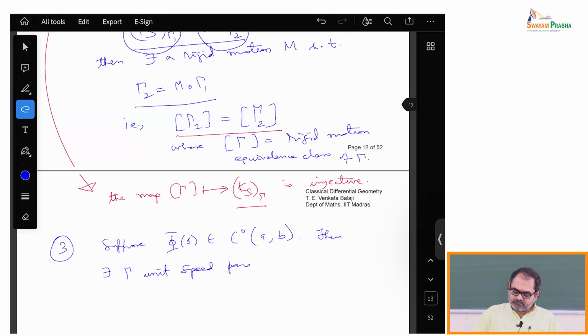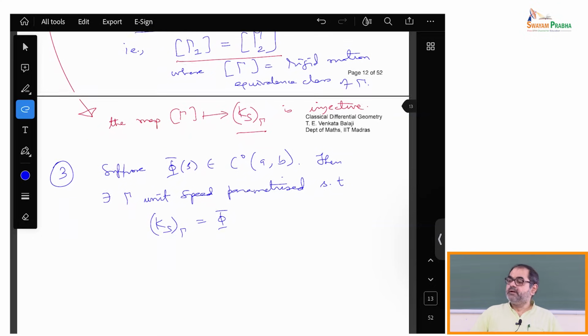Then there exists gamma, unit speed parameterized, such that ks of gamma is actually phi.